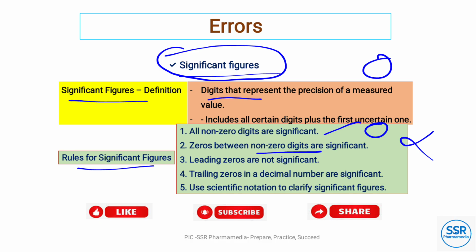So for example 0.0 means this 0 is not a significant figure. If a 0 comes after the number, this 0 is called a significant figure. Trailing zeros in decimal numbers are significant. So use scientific notation to clarify significant figures.